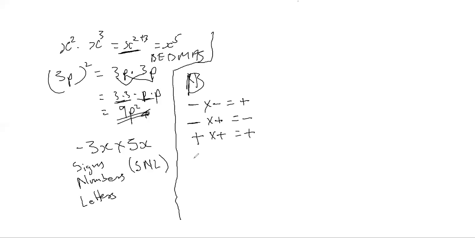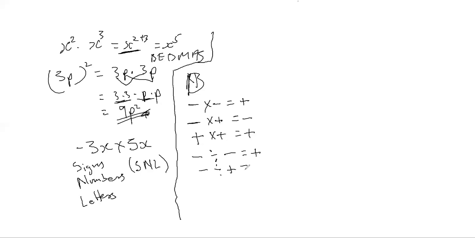Now, we also need to note that you can divide signs at times. And the same rule applies whenever you divide signs. Whenever you divide expressions, first of all, divide the signs, then the numbers and the letters. So like multiplication, the same rule applies. If you divide a negative sign by a negative sign, you will get a positive.